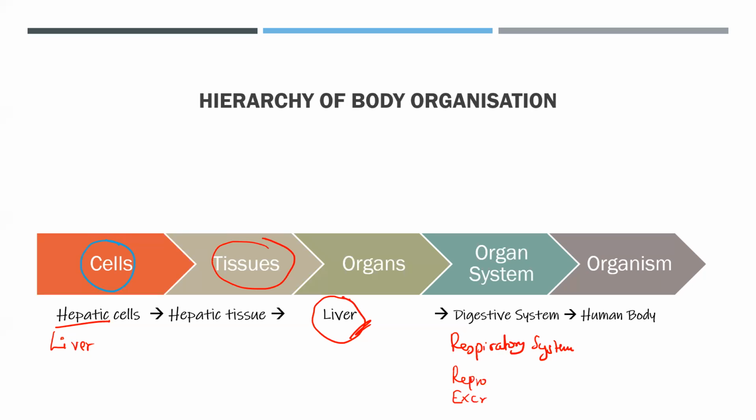So when we combine all these systems together, they are going to form a complete organism. Examples of organism are the human body, a cat, dog, horse, or giraffe. Not only in the case of animals, it's similar in the case of plants also. Okay, so plants are also examples of organisms.